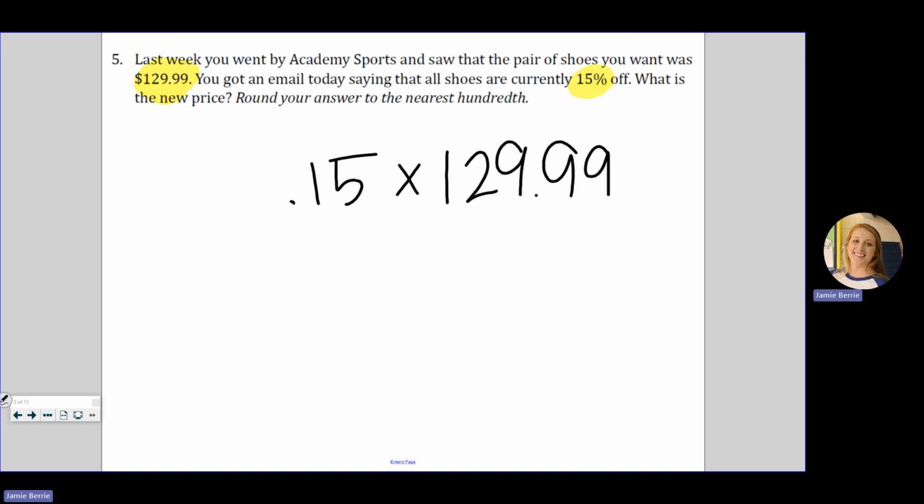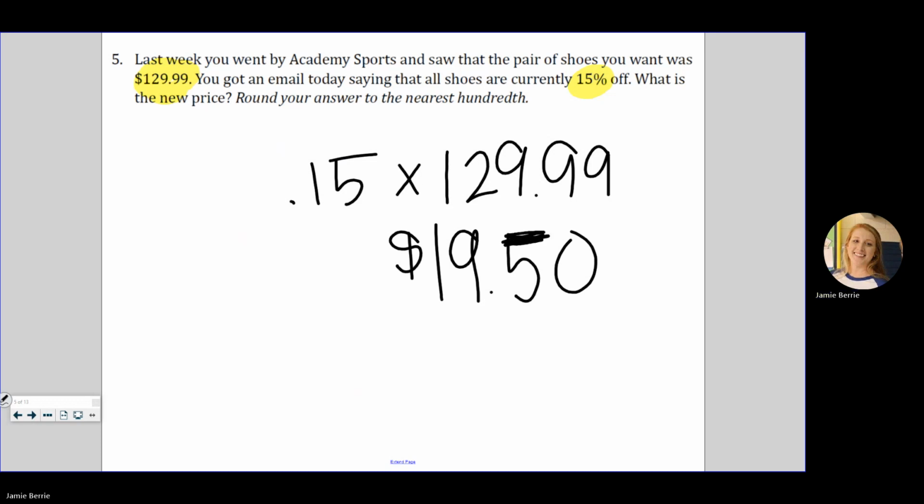This is money. Anytime you're dealing with money, you always want to do 2 decimal places. $19.50. Everybody getting $19.50 here? Is that the new price of the shoes?